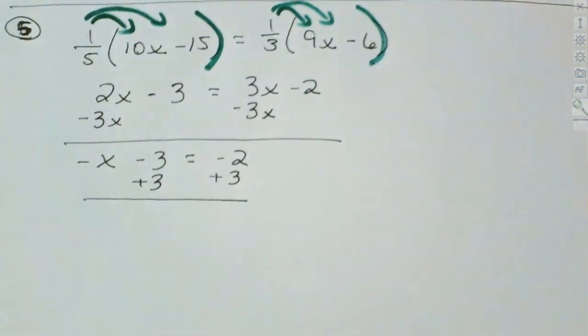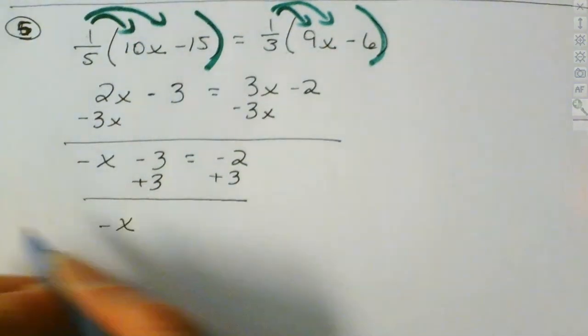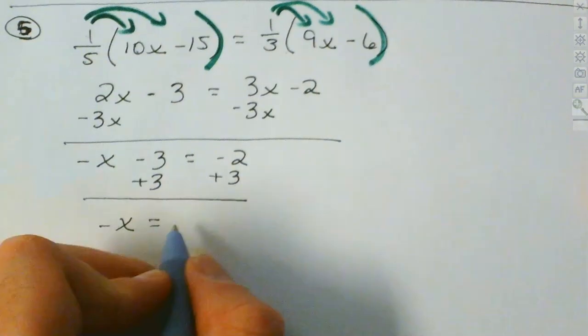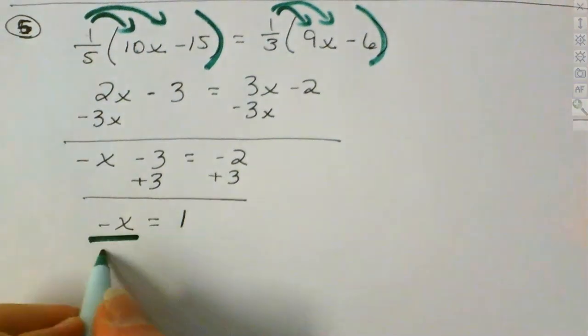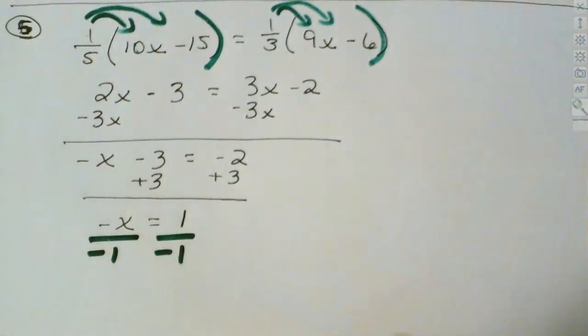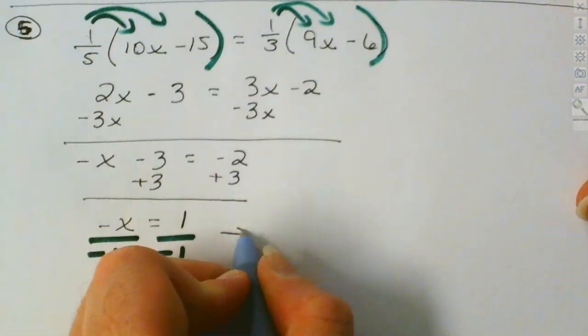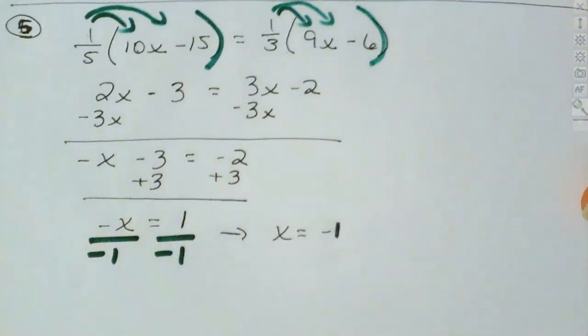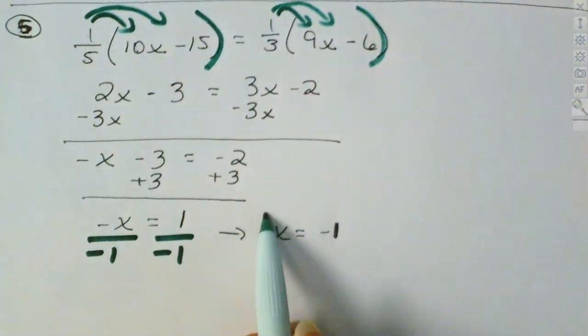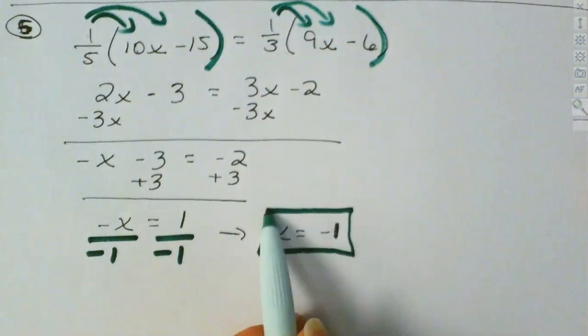And that leaves you now with minus x equals 1. Are we finished? Nope. Almost, though. What do we do? Divide by a negative 1. And that now leaves you with x equaling what? Negative 1. And that is going to be my final finished answer.